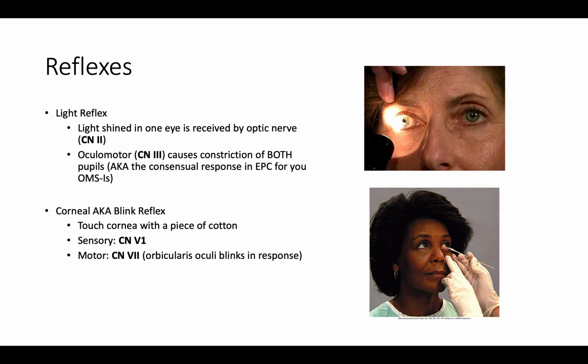So if I shine the light in my left eye, the pupil also constricts on the right side. The corneal blink reflex, if I touch the cornea with a piece of cotton, it looks super painful. But the sensory is going to be cranial nerve V1, and then motor, which is making me blink, is going to be cranial nerve 7.